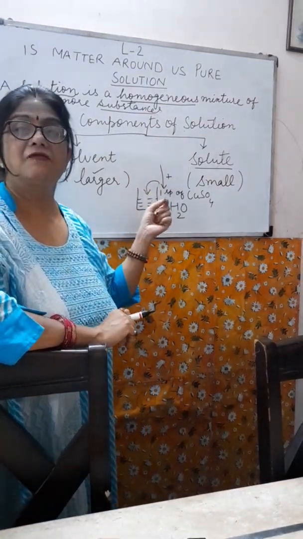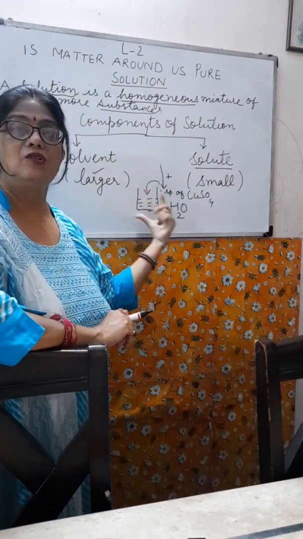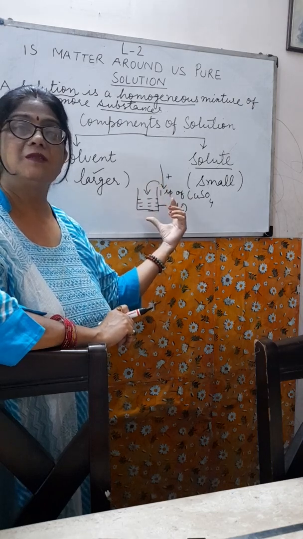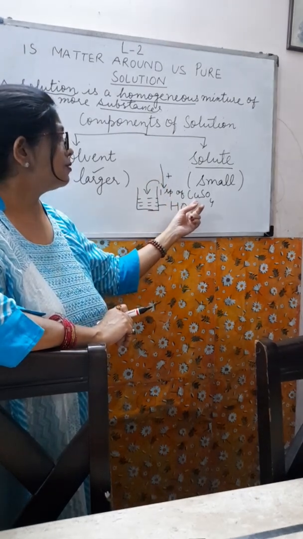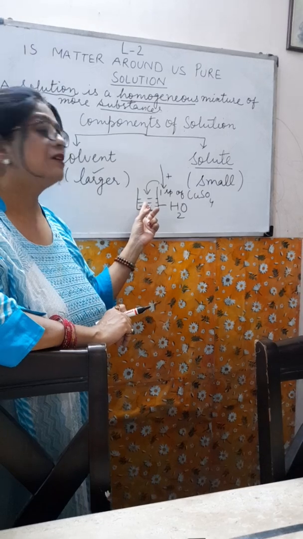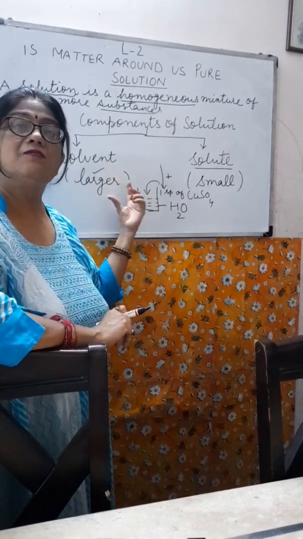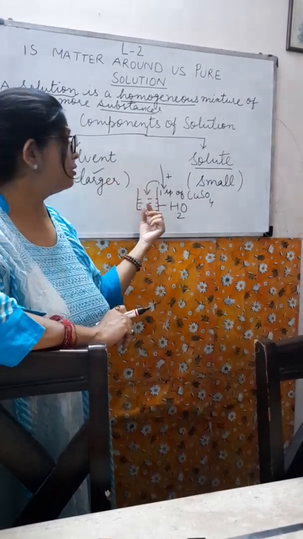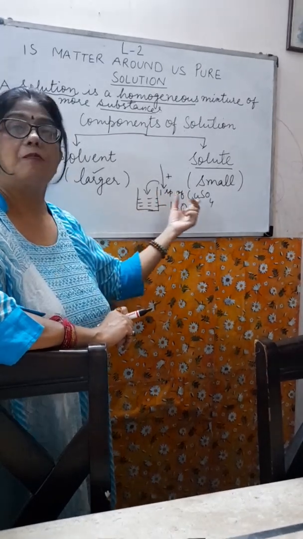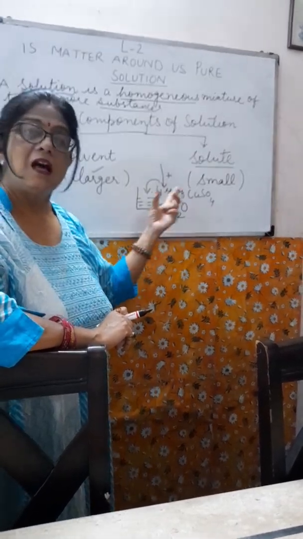You have mixed it with the glass rod. एक solution बन गया, homogeneous mixture हो गया, and because of the property of copper sulfate it will turn blue. A homogeneous mixture, or you can say a solution of copper sulfate, will be prepared.